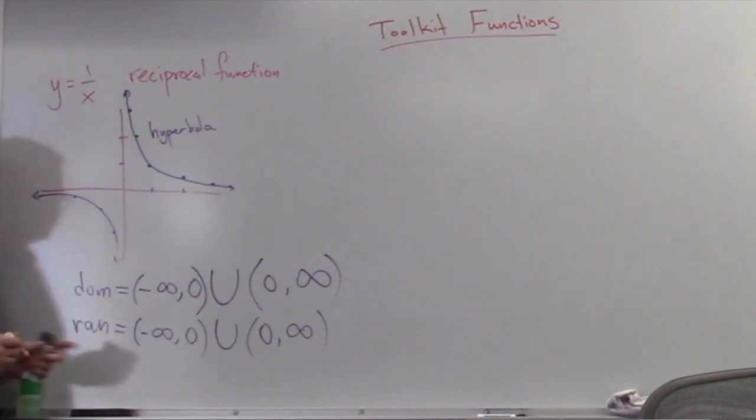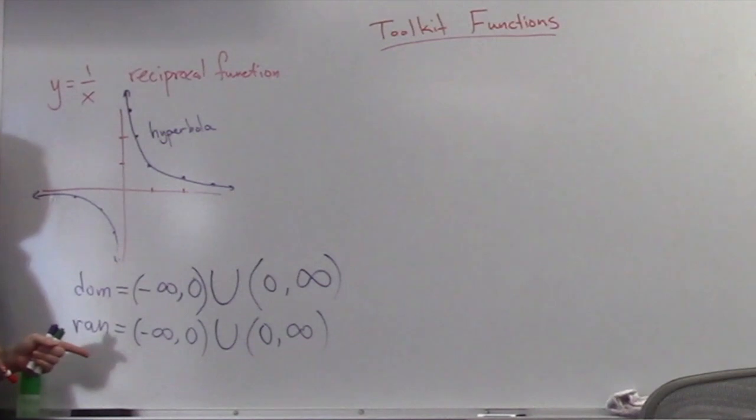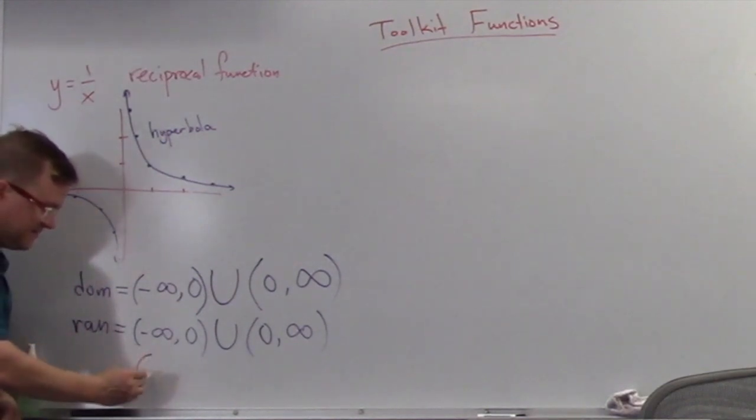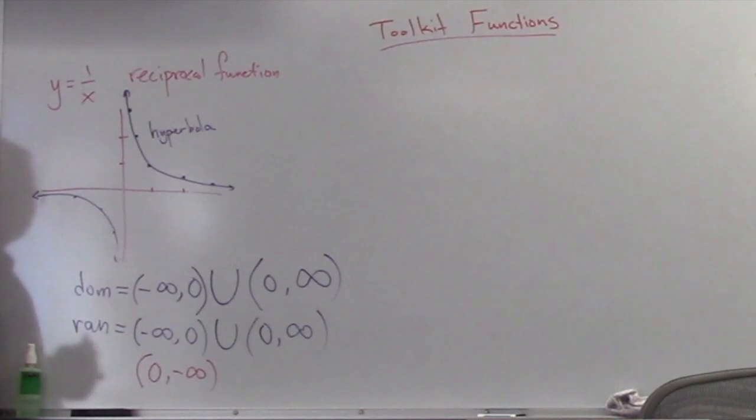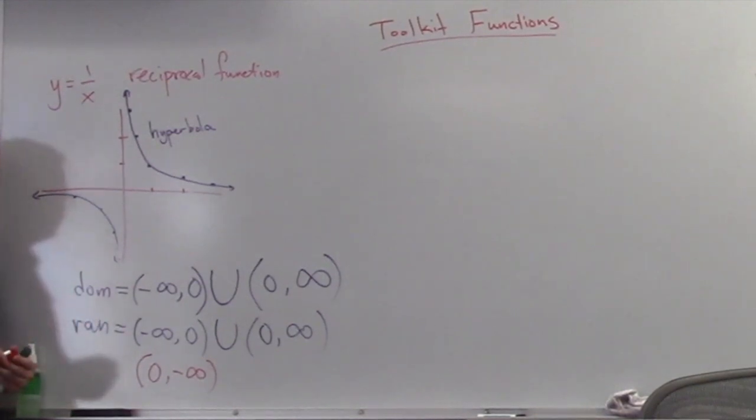Now, if you write down what I'm about to write in your notes, make sure you put real clear next to it that this is incorrect. You will never, ever, ever see that when you're using interval notation.